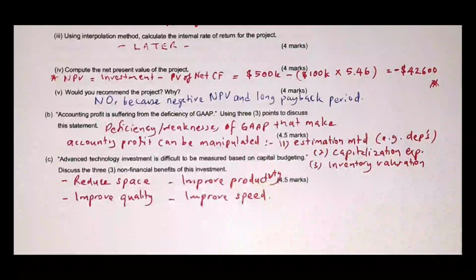So, if you can remember, when we discussed topic 6, which is about the investment in advanced technology, one of the things that you have learned is investment in advanced technology has several characteristics that are different compared to the traditional investment or investment in traditional asset like building, motor vehicle, equipment, etc.